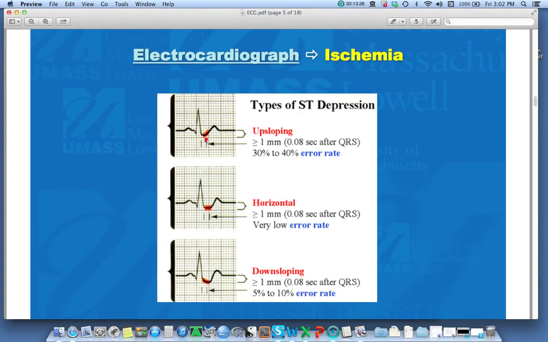One of them is upsloping, one of them is horizontal, one of them is downsloping. So horizontal, greater than a millimeter, has the lowest error rate, and the error rate here would be the rate of false positives. The highest error rate is associated with upsloping waves. It just could be a normal finding. As a sign of ischemia, it could be wrong 30 to 40% of the time.